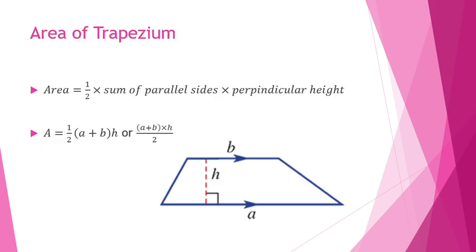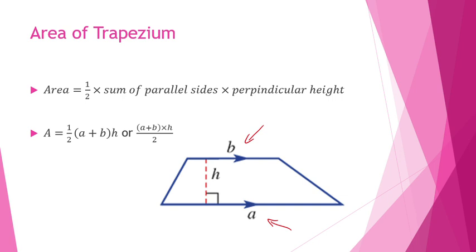Now, area of a trapezium. The trapezium is pretty easy to distinguish. It has two parallel sides, B and A. Parallel just means that they are going in the same direction. There's no difference in the angling whatsoever.